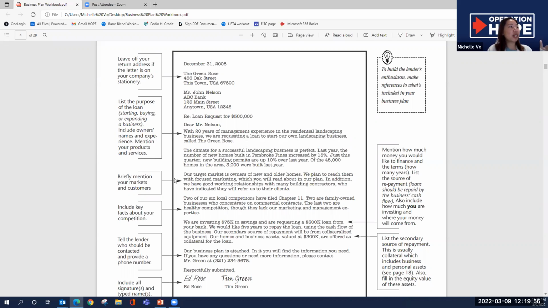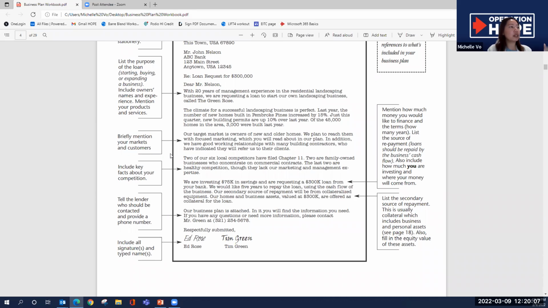But that's just a quick summary of who they are and what experience they have. Then you're going to move on to your markets and your customers. That will be this paragraph right here. They are focused on newer and older homes, and they're planning to reach out to them.